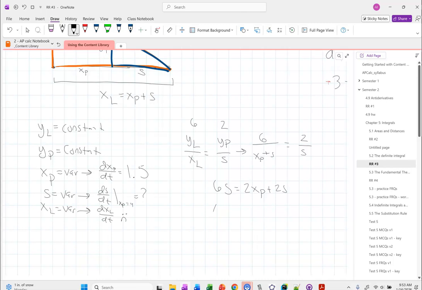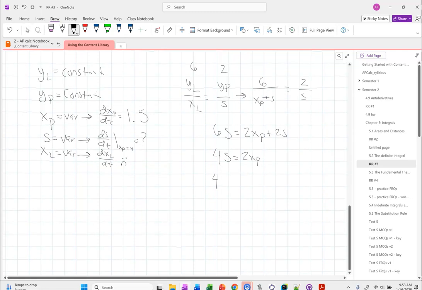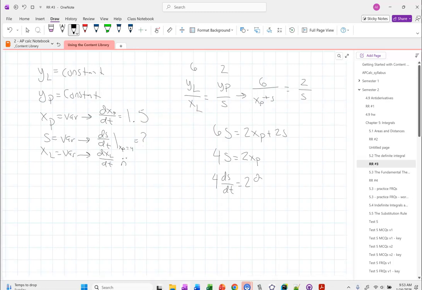I subtract 2s from both sides. And now we'll just differentiate. So ds dt is going to equal 2 times 1.5 over 4.